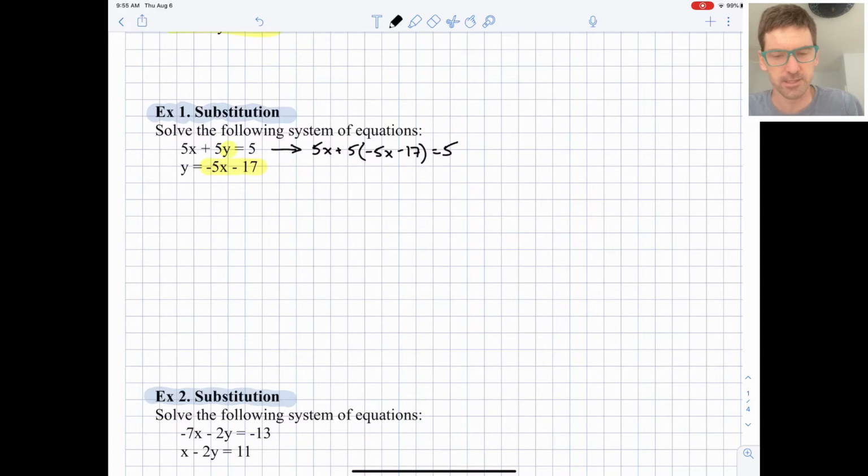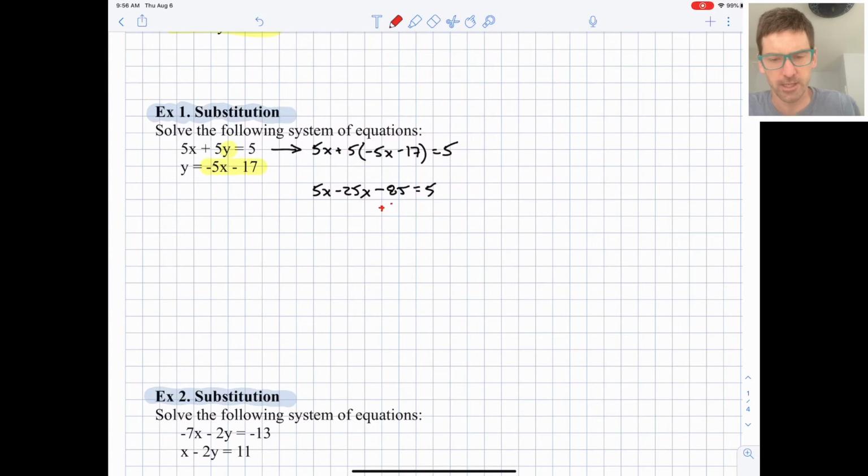So we can go ahead and simplify some stuff now. We have 5x. We're going to distribute this 5. That's a negative 25x. That's 5 times negative 17, minus 85. And that is all equal to 5. I am going to do a couple things at once here.